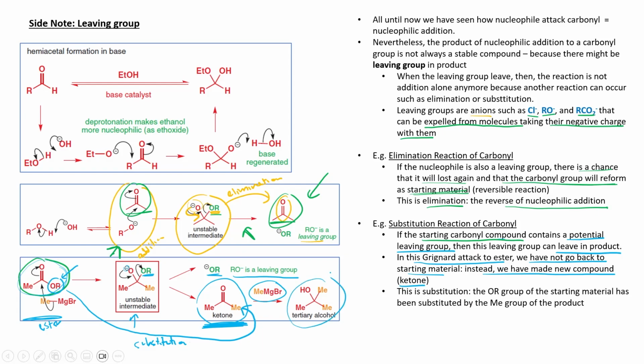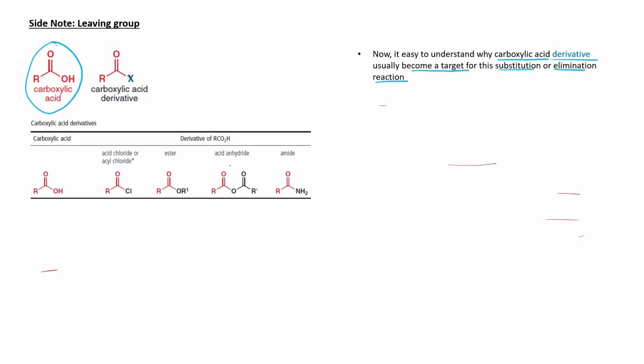Okay, so that is about leaving groups. Another thing about leaving groups, now it's easy to understand why the carboxylic acid derivatives become targets for this substitution or elimination reaction. Because if you look here, the derivative of the carboxylic acid is that you change the OH here with another thing.